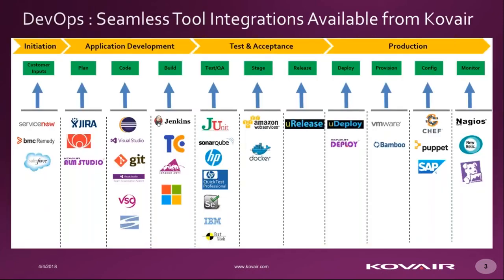Moving on. In this slide, you can find how the different phases like initiation, application development, test and acceptance, and finally production are brought together. Kovair has adapters for various tools by which it can seamlessly integrate with these tools and achieve an end-to-end DevOps solution.